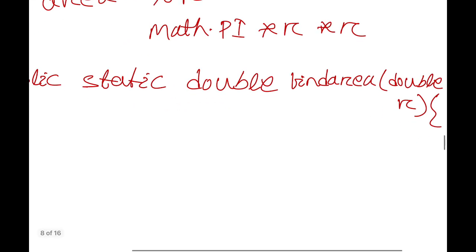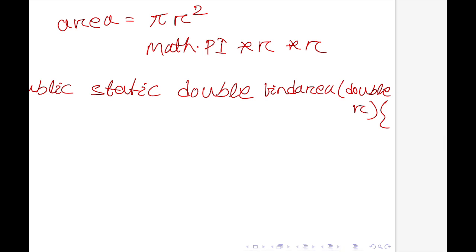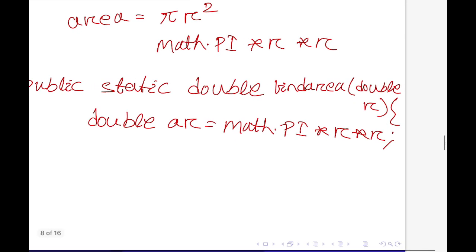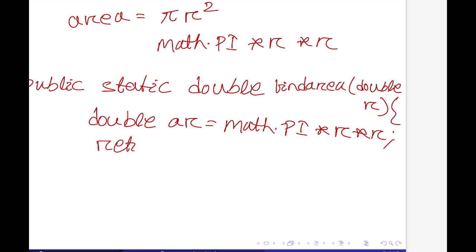Then we can take another variable, double ar, that is equal to Math.PI * r * r. Then we can write return ar. So ar is the area that is computed from the value of r.